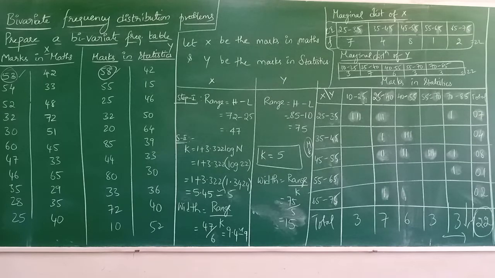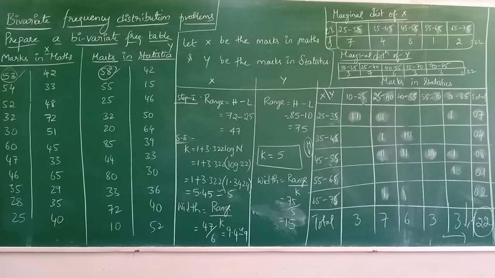See here, x and y variables both should be taken exclusive or inclusive, preferably exclusive type of class interval, as I mentioned, one of the principles of classification. Do you remember all the principles? Type of class interval, exclusive or inclusive, preferably exclusive for better continuity of the interval. Width should be the same for all the intervals.